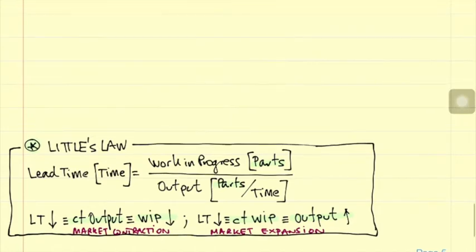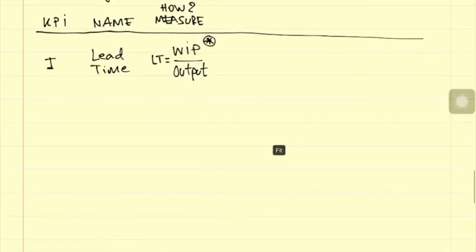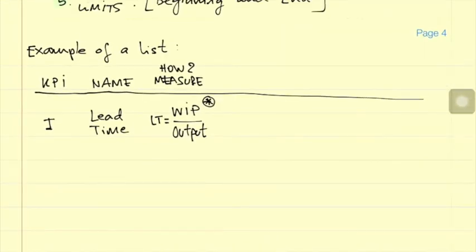And this is true for any process, for any level of complexity of the process. So it's true for a factory, it's true for a value stream, it's also true for just one machine.